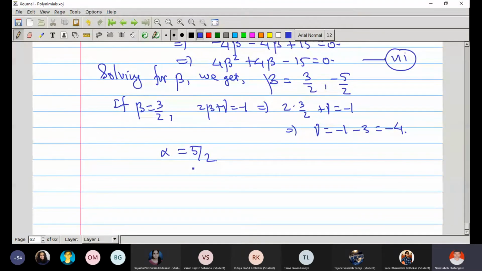Now what do we get? We get this value of alpha is 5 by 2. Now check whether what we found is acceptable: alpha is 5 by 2, beta is 3 by 2, gamma is minus 4. Acceptable means what?